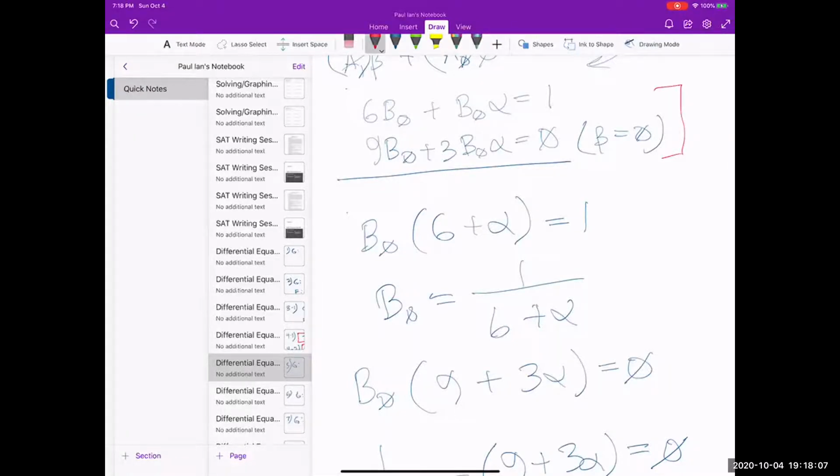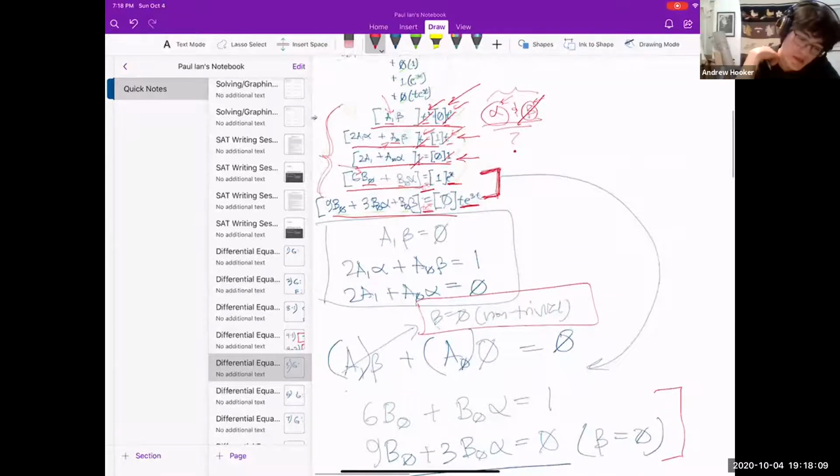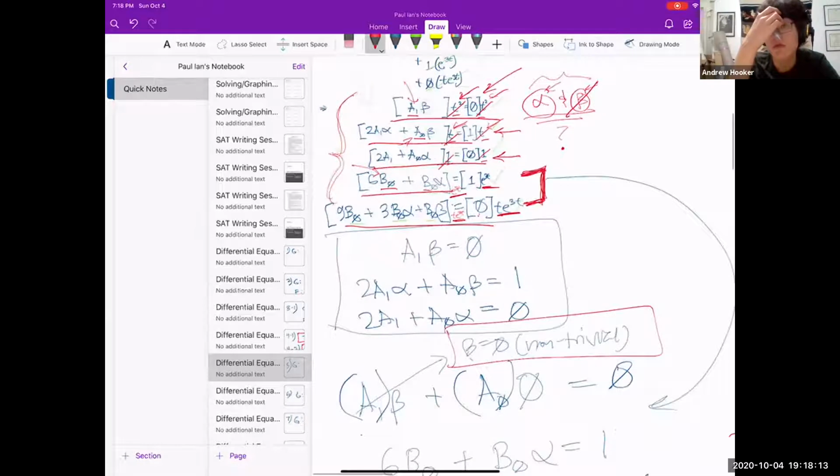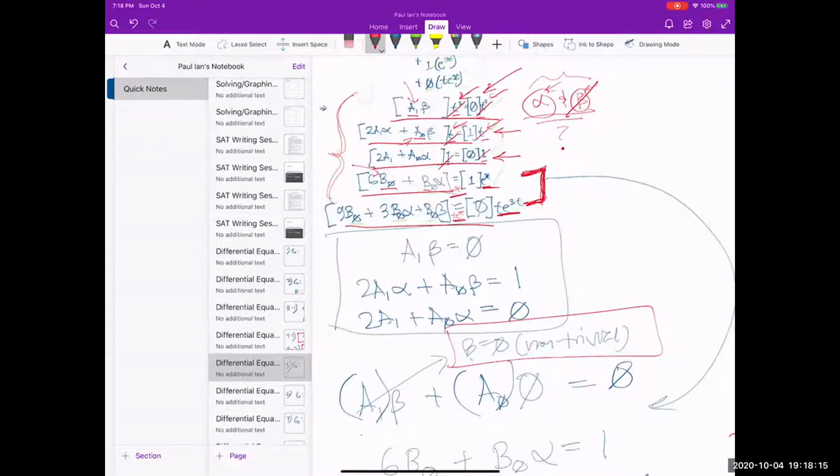The B naught equation, 6b naught. In these equations right here, we substitute beta, and it equals 0. So you only have two terms for each equation.